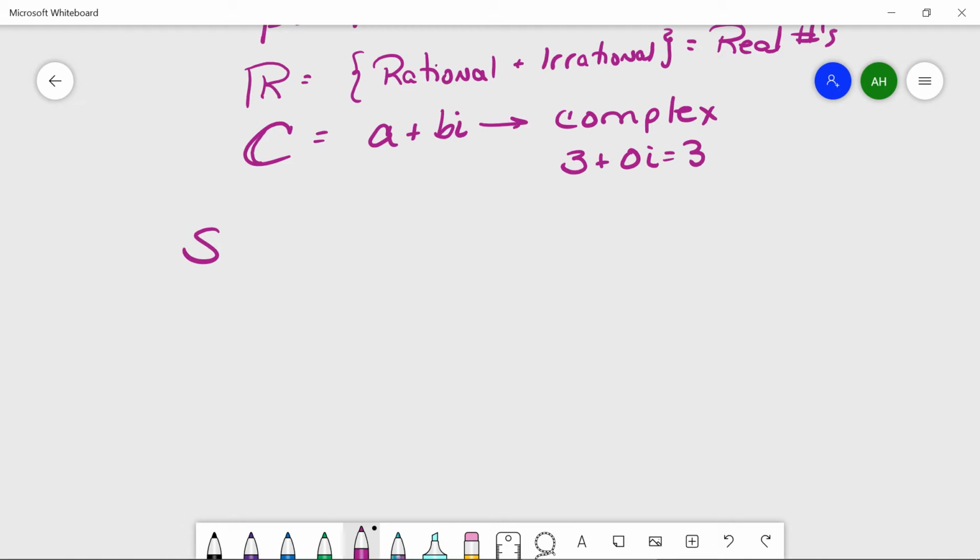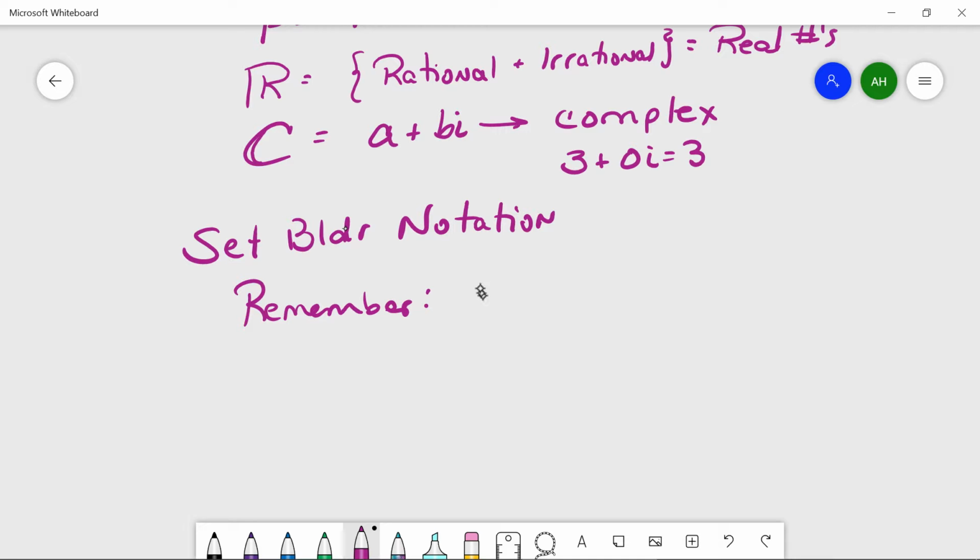This is set builder notation. It's a compact way to describe a set. Remember, we would have written x plus 2 is greater than 4, and my domain equals all integers.